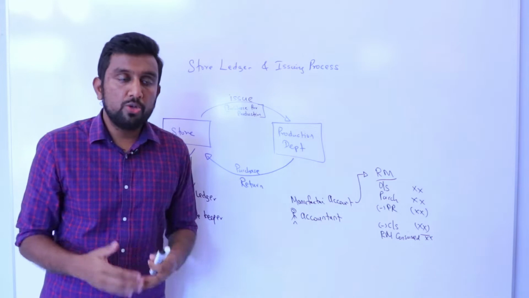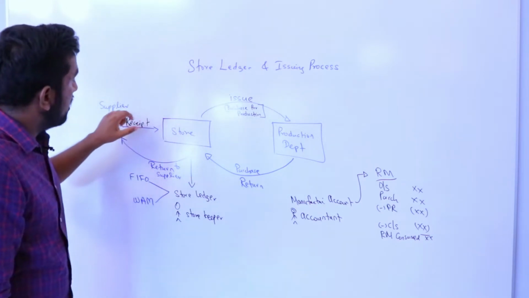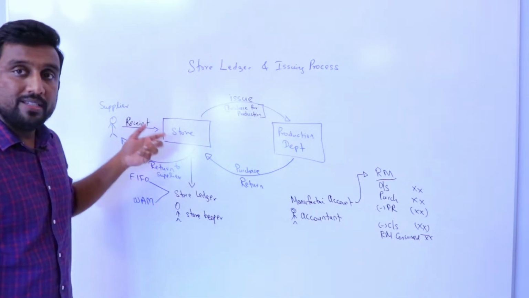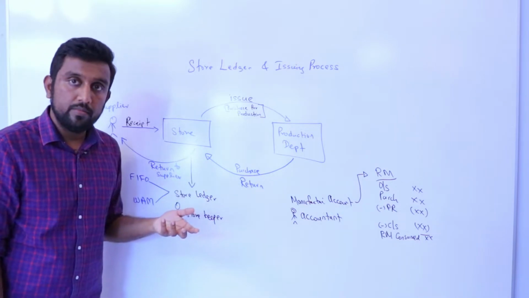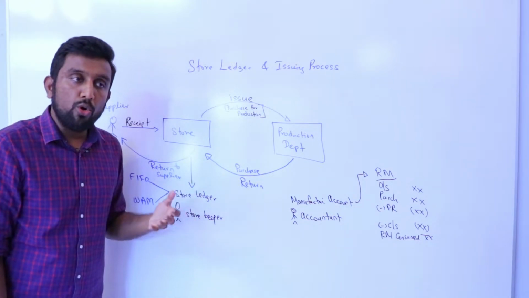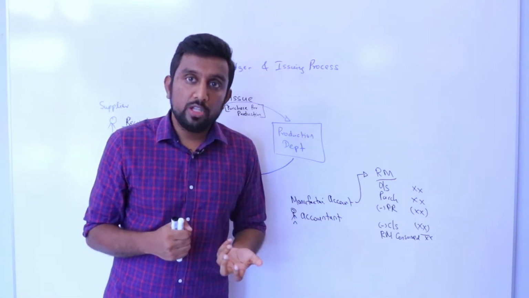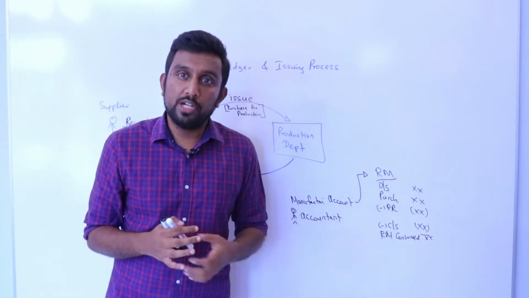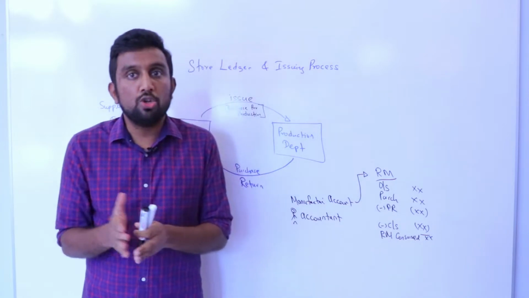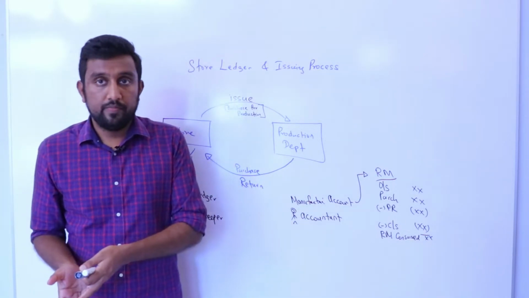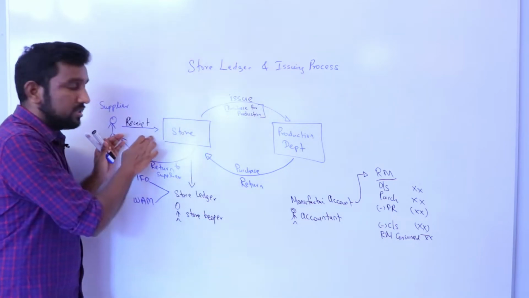Other than this, you should understand that the quantity the store is receiving is called EOQ or reorder quantity. EOQ means the quantity they purchase in each order at the least cost. So this is what we call purchase.